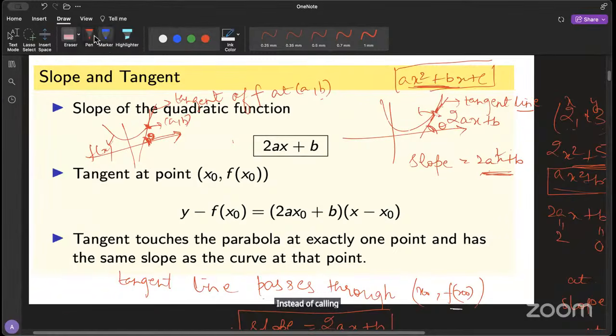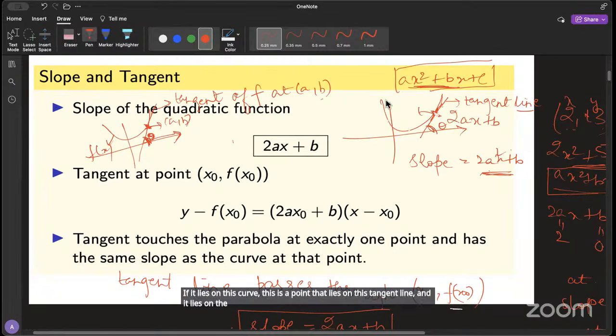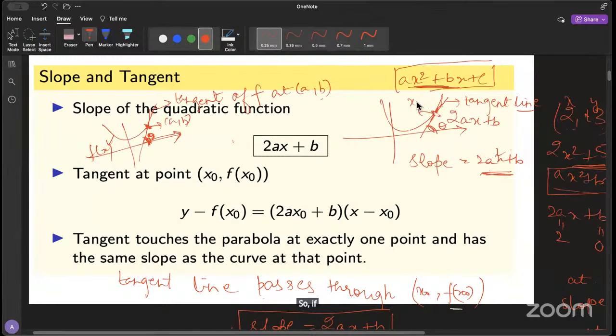Instead of calling it xy, if it lies on this curve, this is a point that lies on this tangent line, and it lies on the parabola as well, right? So if the x coordinate of this point is x naught, then what should be the y coordinate? If this is f of x, it should be f of x naught, right? So this is the point x naught comma f x naught, which lies on the tangent line, and it lies on the parabola as well. And you have to find the equation of this tangent line.